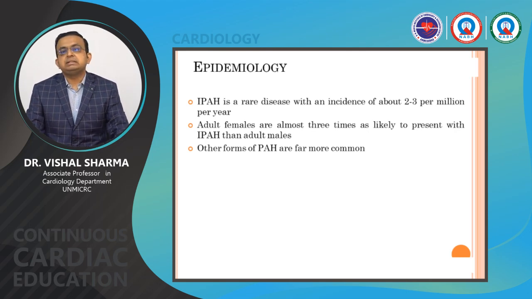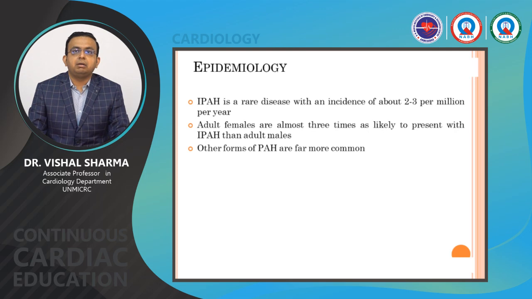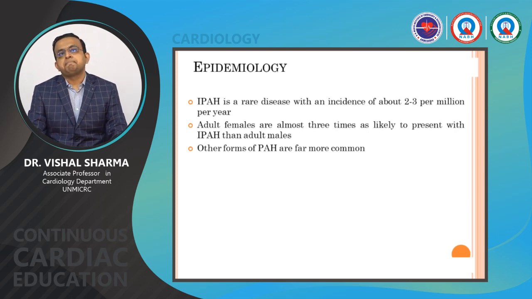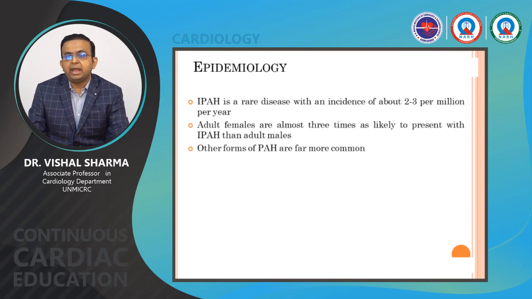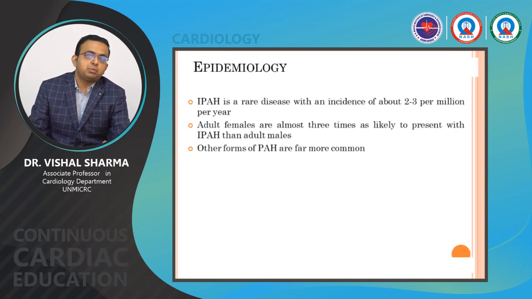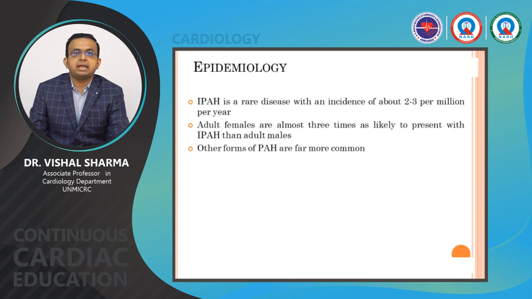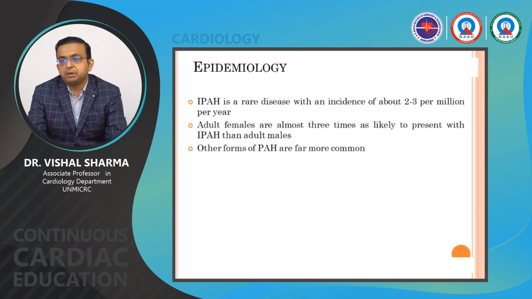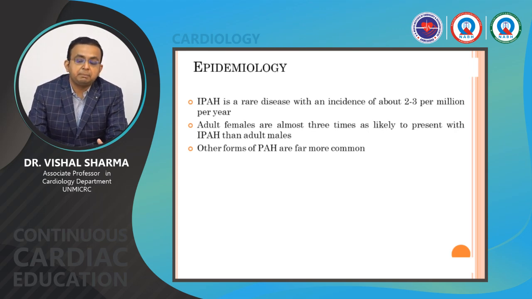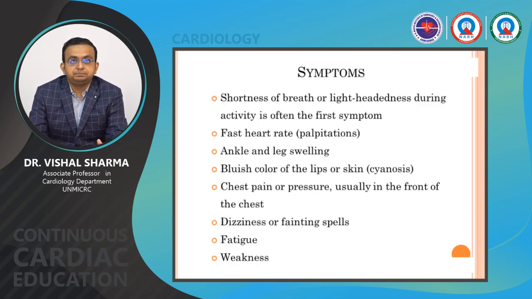As far as group 1 is concerned, it's a rare disorder, and it has an incidence of around 3 to 4 per million cases per year. And females are 3 times more likely, in fact, to have this disorder as compared to adult males. I would practically say in our institute also, and in general, other forms of pulmonary hypertension are far more common as compared to group 1 patients.